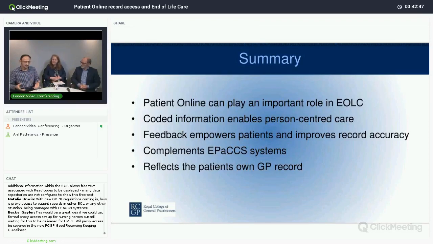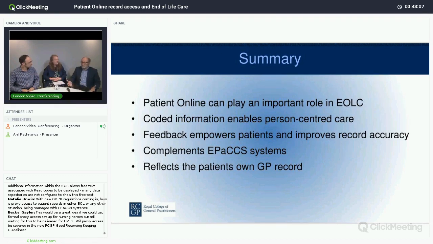There are perceived risks, but actually these risks are not being borne out through day-to-day use. Often there are ways to overcome these. Often it's just a communication issue, and quite easily overcome.